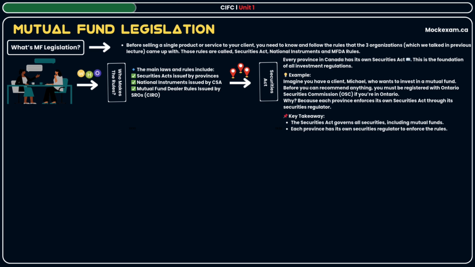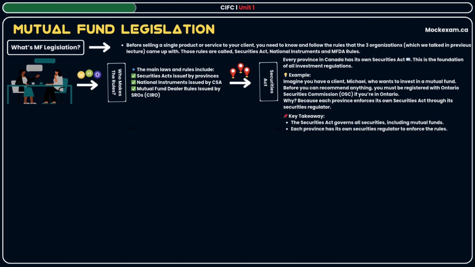What are the key takeaways here? The Securities Act governs all securities, including mutual funds, okay? Not just mutual funds, all securities. Each province has its own securities regulator to enforce the rules, okay?